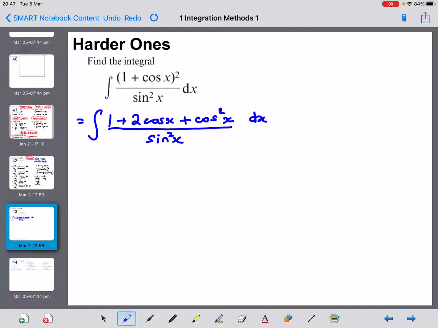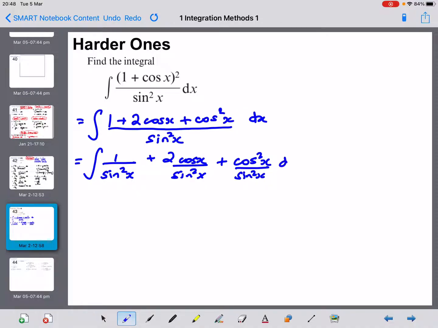Okay, we've got one denominator, so we can split that up. We can say that's the same as 1 over sine squared plus 2 cos x over sine squared plus cos squared x over sine squared x. If we keep going, 1 over sine is cosec, so that's cosec squared x, and we know what that is, it's in the formula booklet.